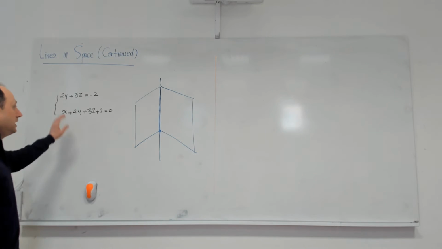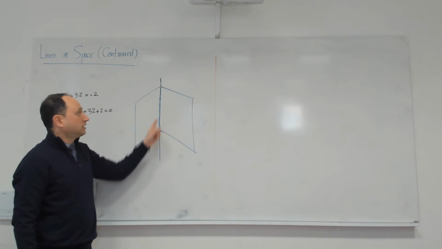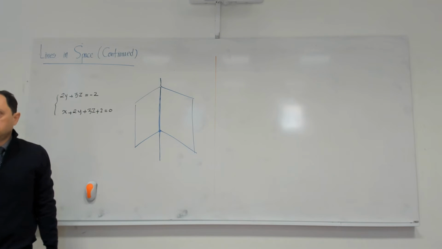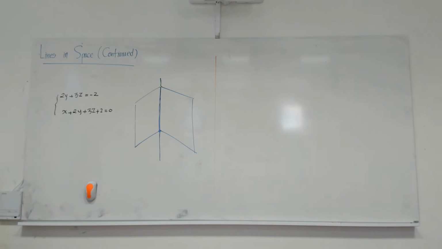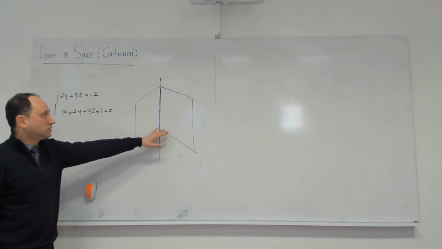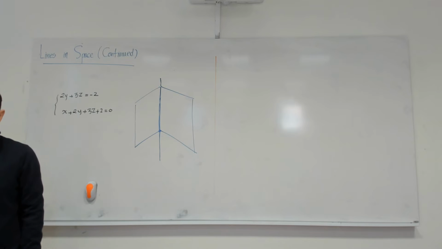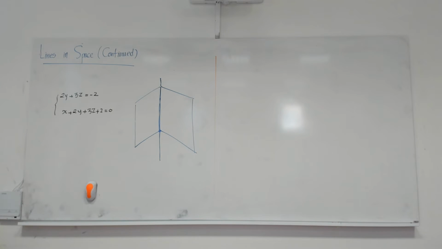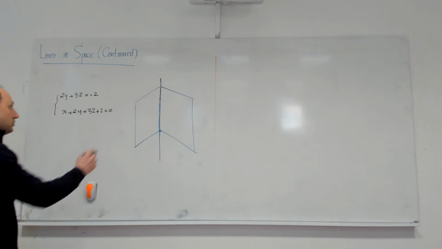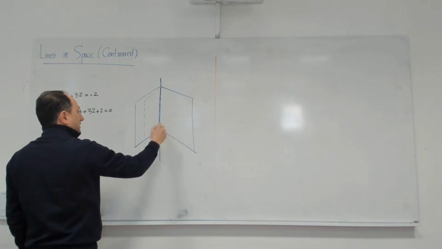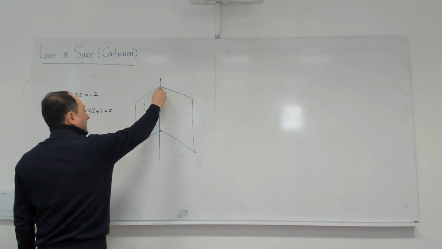But then something suddenly becomes immediately clear from this picture. In how many ways can I express this line as the intersection of two planes? Because these are one pair of planes that gives me this. Are there other possibilities or not? Actually, there are infinitely many possibilities, yes? It's like the pages of a book.